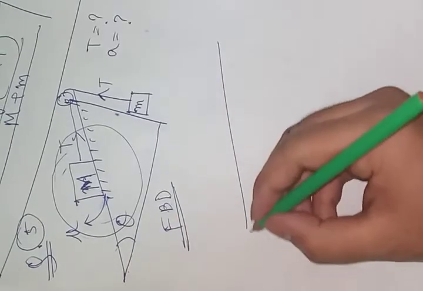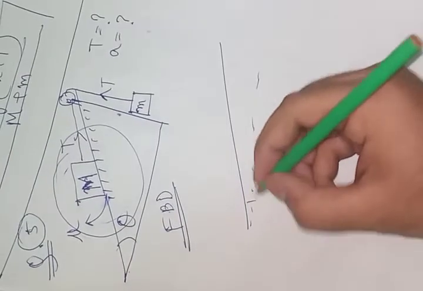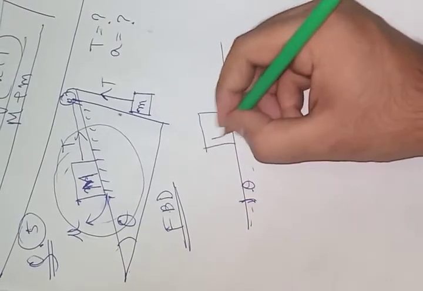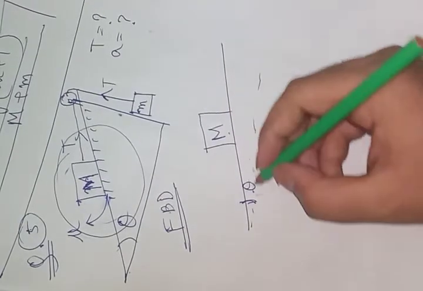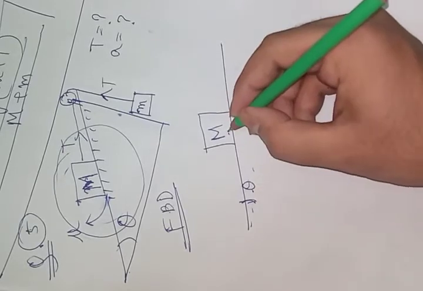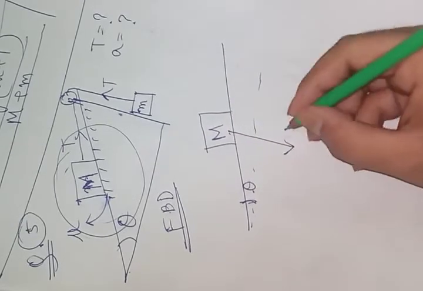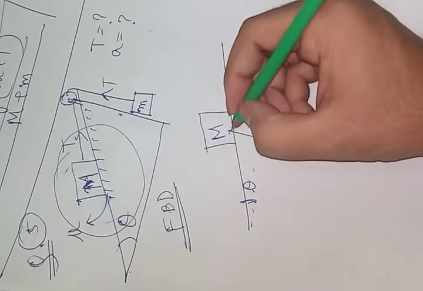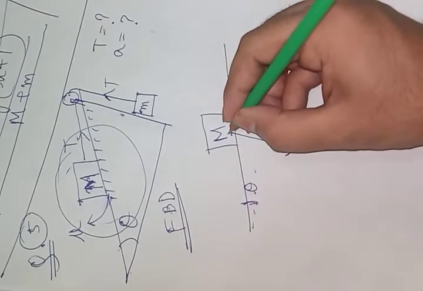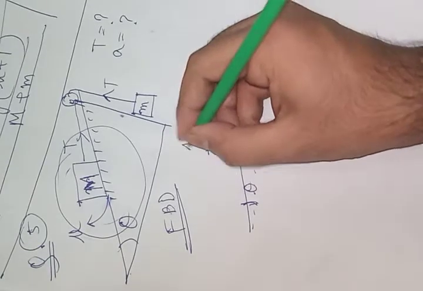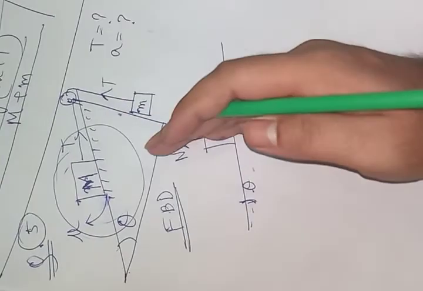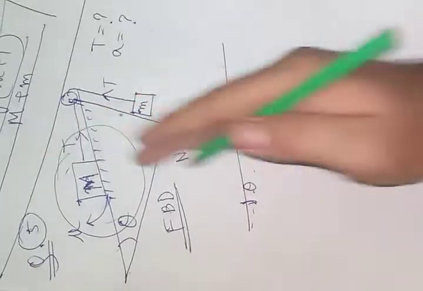So this is an angle theta, and there is a mass block M. Vertically downwards is mg, and there is a normal reaction force. The normal reaction force is always perpendicular to the surface.